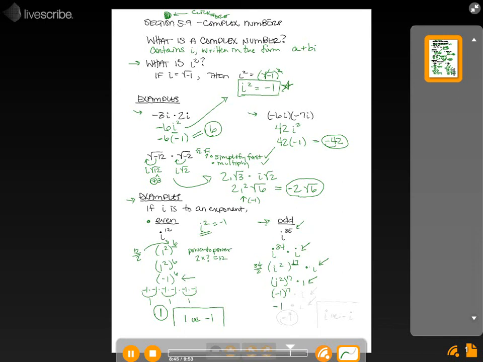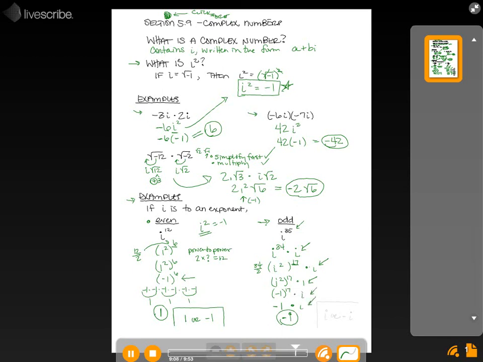The reason is I can't pair them off evenly. I can get 8 pairs, which would be 16 of my -1s, and then I have one -1 left over. So times I, and my answer would be a -I. Okay? Again, do not forget about that I on the outside.